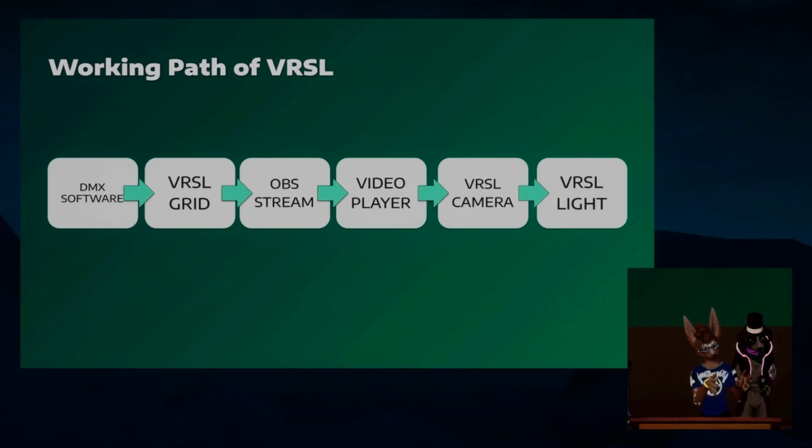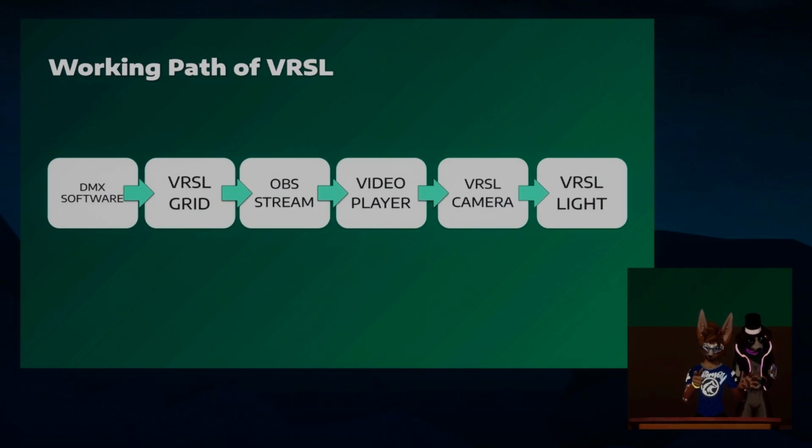So DMX software to a visualizing software. This visualizing software shows up on your computer screen that you bring into OBS. Once it goes into OBS, it then turns into the video player. In the video player in world, it's picked up by the camera, and then the camera sends it to the light. That is the flow path of VRSL.